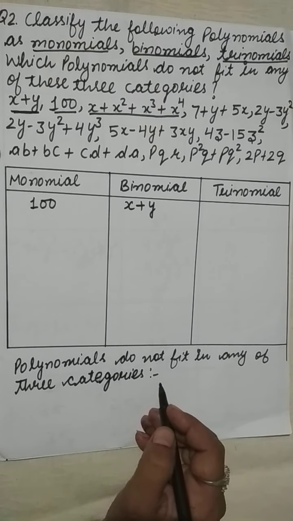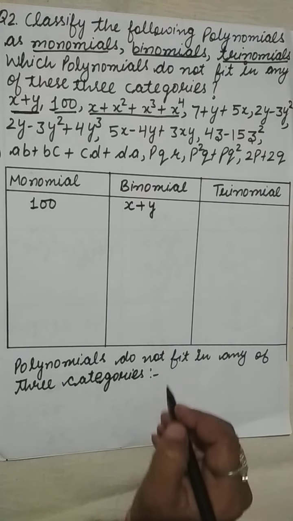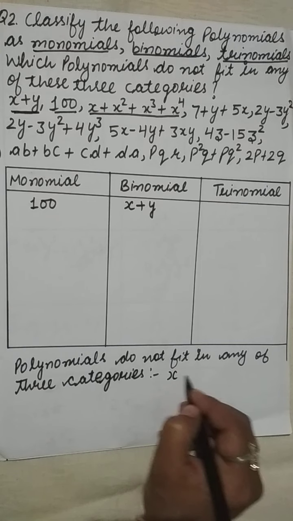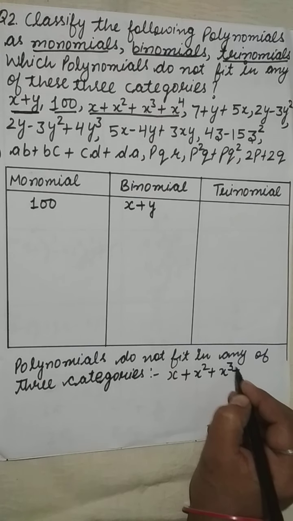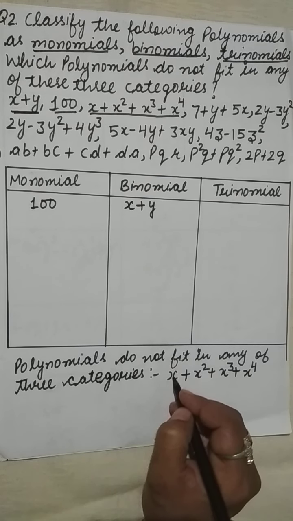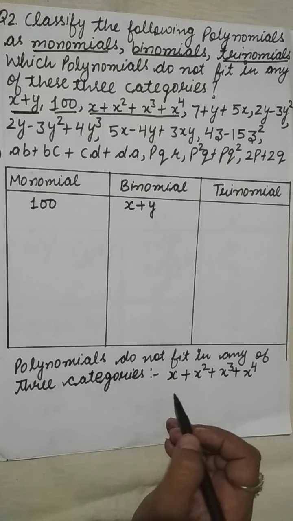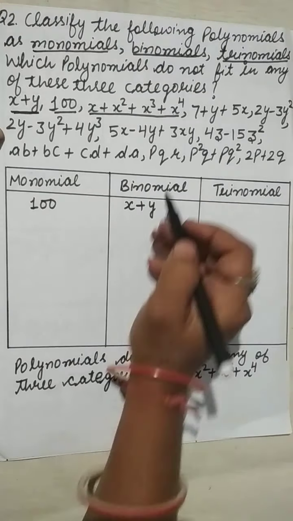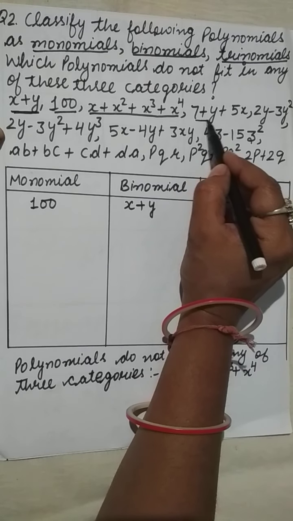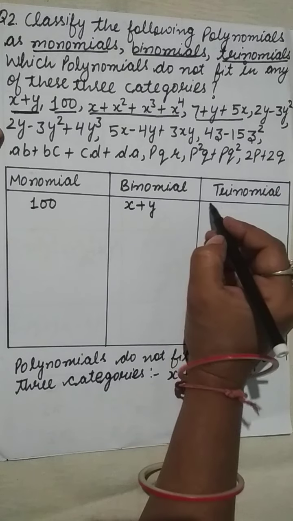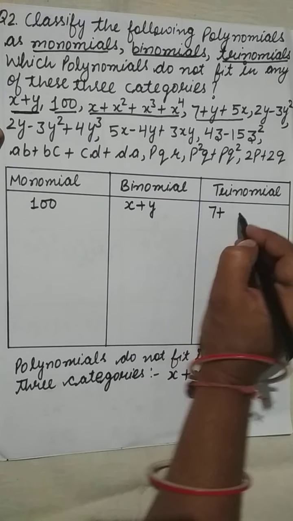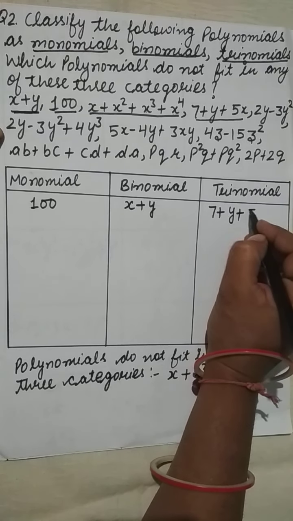We will write it there. Now the next one is 7 plus y plus 5x. As it is having three terms, it is a trinomial.